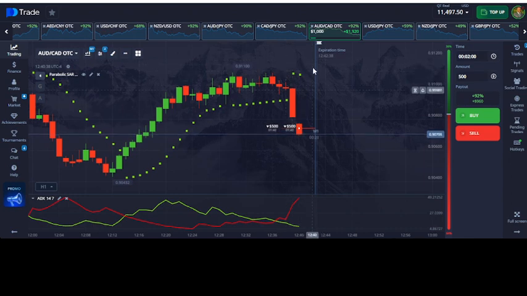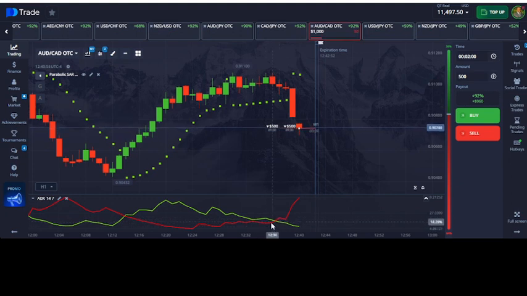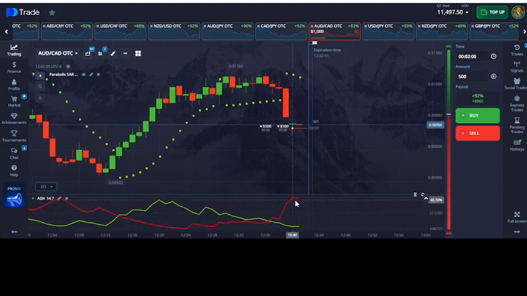And the reason why I took the sell trade, first of all, the parabolic SAR dots here have begun to print above the candles here, suggesting a bearish reversal. Okay, but number two, the ADX, the red minus ADX line has crossed the green ADX, which suggests a strong bearish takeover.